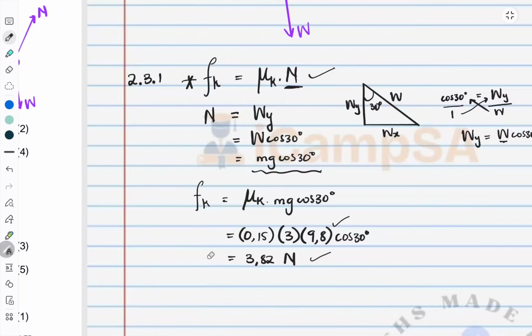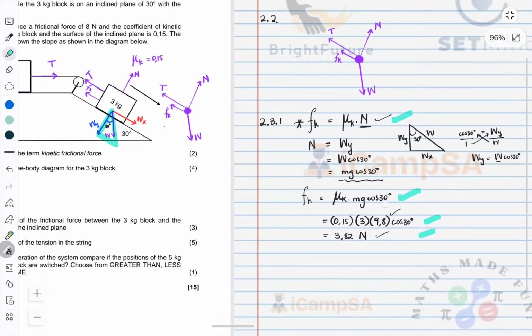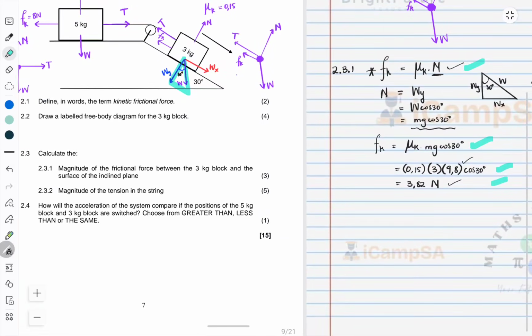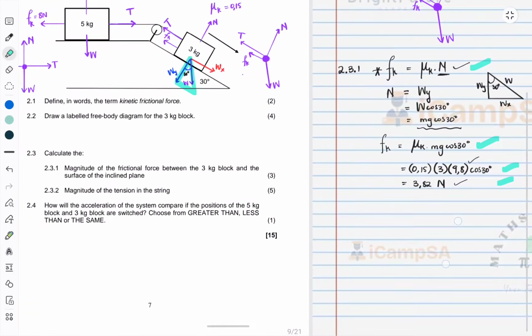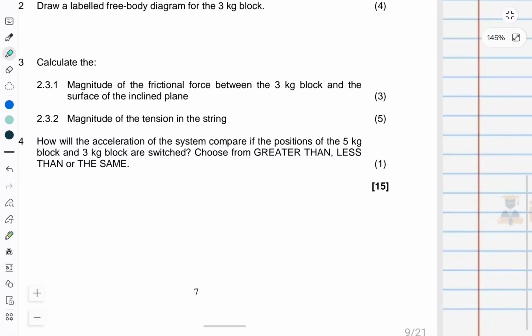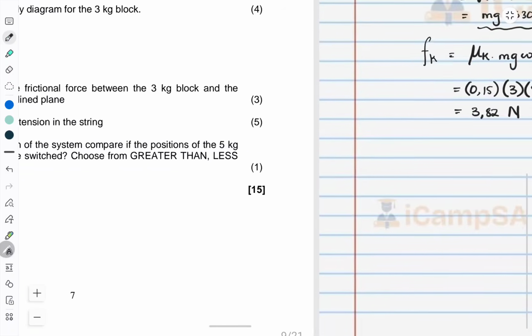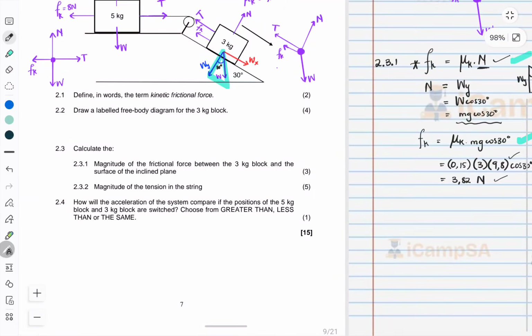Okay, only 4 steps were required, just these 4 steps. The other ones I was just breaking down so that you see where the formula mg cos theta comes from.